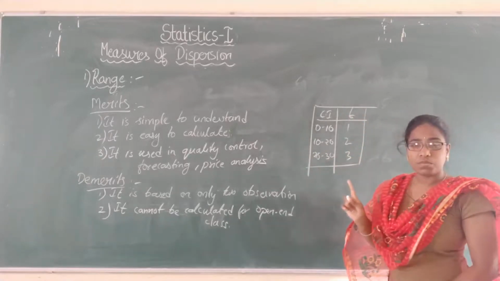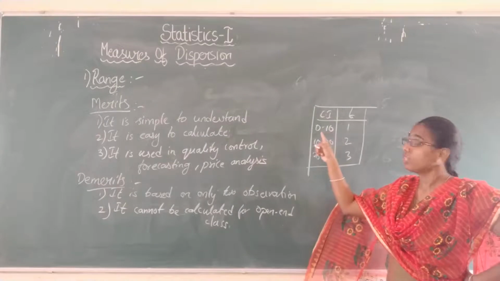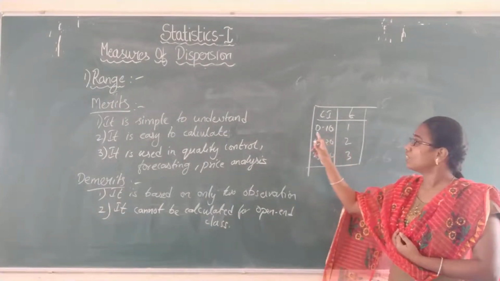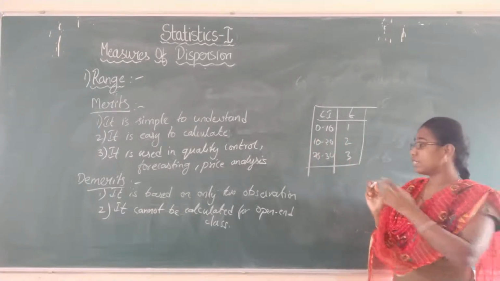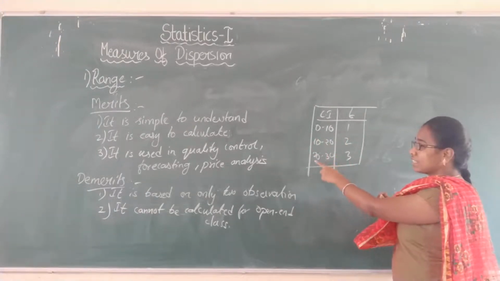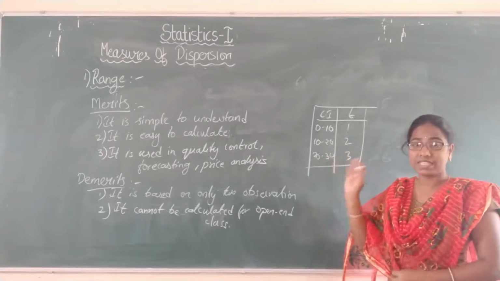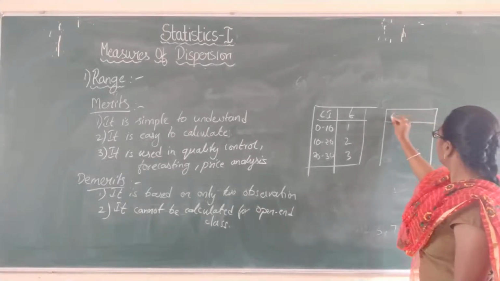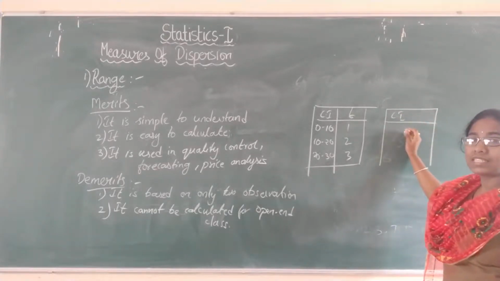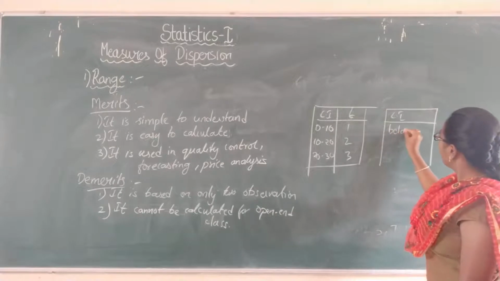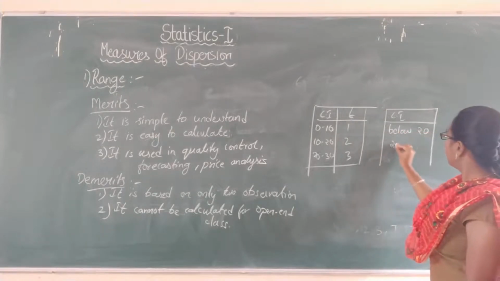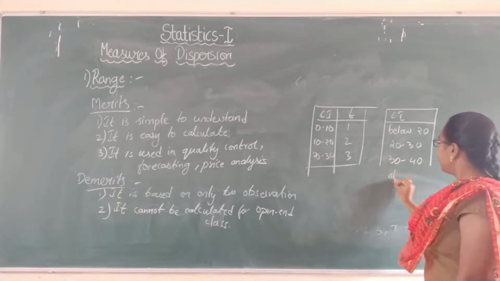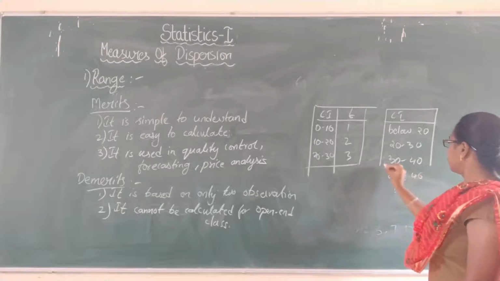If you observe the first class, the lowest value, it has a closed interval 0 to 10, a particular value is there, and even the last class interval has a limit. But look at this example, where I am writing the class intervals as below 20, 20 to 30, 30 to 40, and the last as above 40.